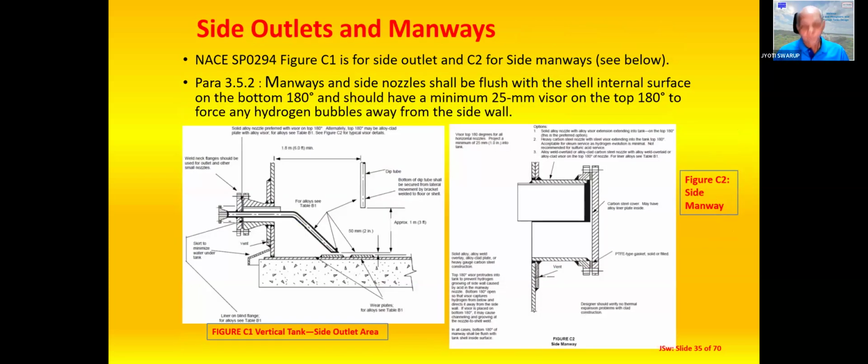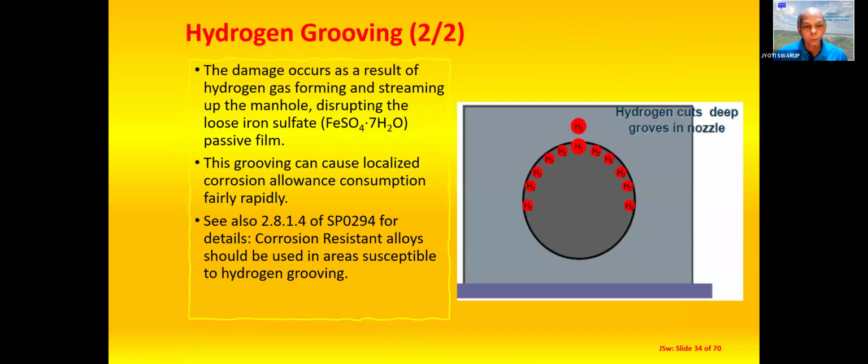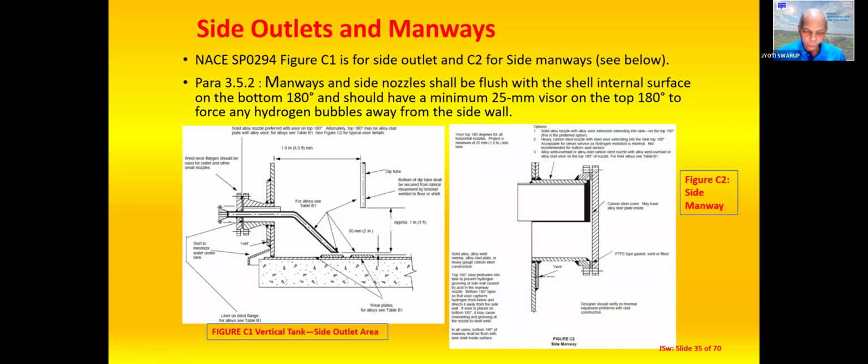Now we are talking about basically inlet, outlet, support, etc. for the tank as per the SP0294 NACE code. So this is one of the most useful codes for designing a sulfuric acid tank. We talked of FeSO4 formation on the tank, which protects the tank from corrosion, but with any breakage of this iron sulfate, the tank again starts corroding, and the breakage of this iron sulfate has to be minimized or eliminated if possible.